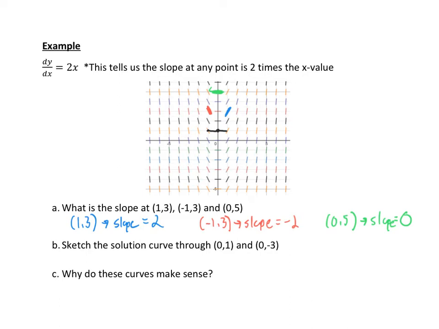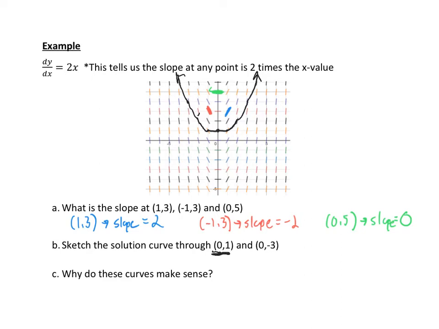Following that, I would go here, then it's telling me to still go up and to the right, and so on. Going this way, I get something similar, but like this. That's my (0, 1) solution curve.